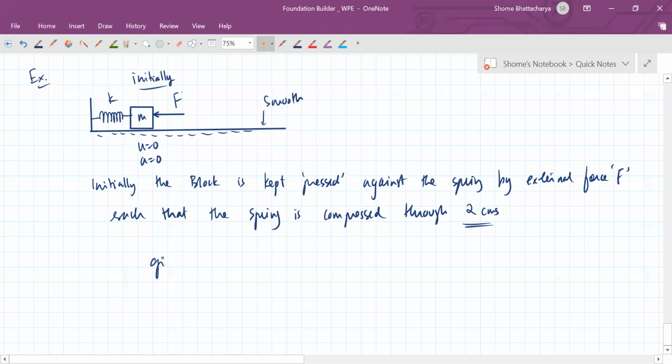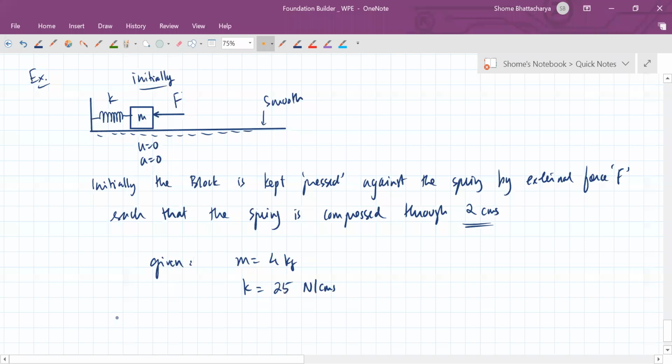Now, given that the mass of the block is 4 kilograms and the spring constant is 25 newtons per centimeter. So this information is given to us.